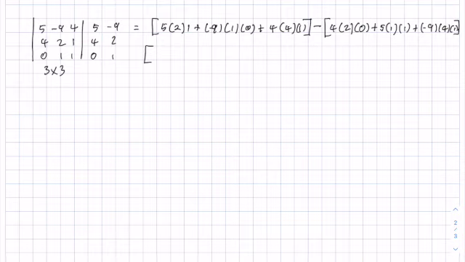That's 5 times 2 times 1 is 10. Negative 9 times 1 times 0 is 0. And then 4 times 4 times 1 is 16. Then we subtract this entire thing from 4 times 2 times 0, which is 0. 5 times 1 times 1, which is 5.